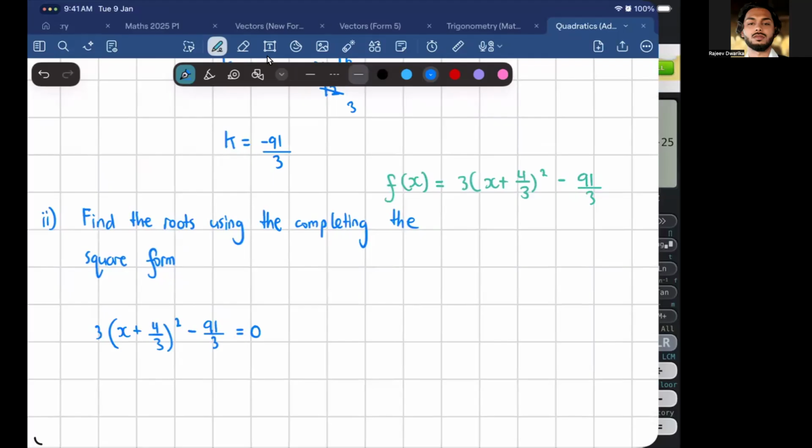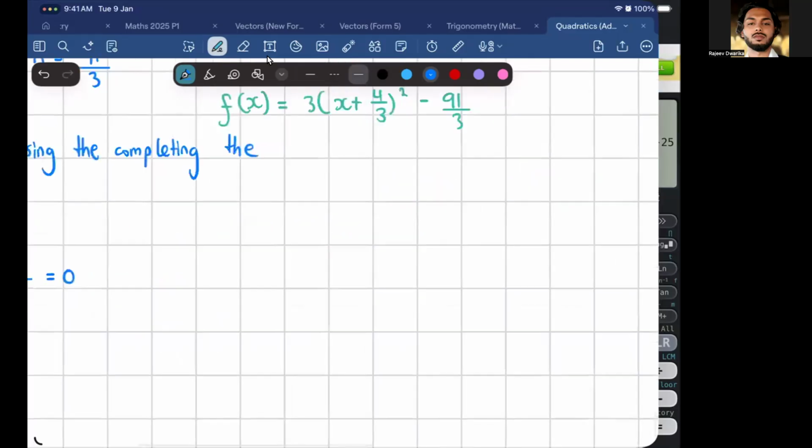Because Zachary, if we want to find your roots, another word for roots is the x-intercept. If the line cuts the x-axis, and you look at that point, what would the y value for that point be? 0, sir.